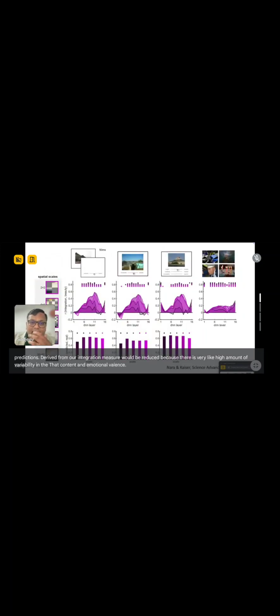We expected that predictions derived from our integration measure would be reduced because there is a very high amount of variability in the content and emotional valence. As we hypothesized, correlation values were indeed lower, but if you see the statistical significance here, the DNN-derived measure still predicted perceived beauty for novel images.